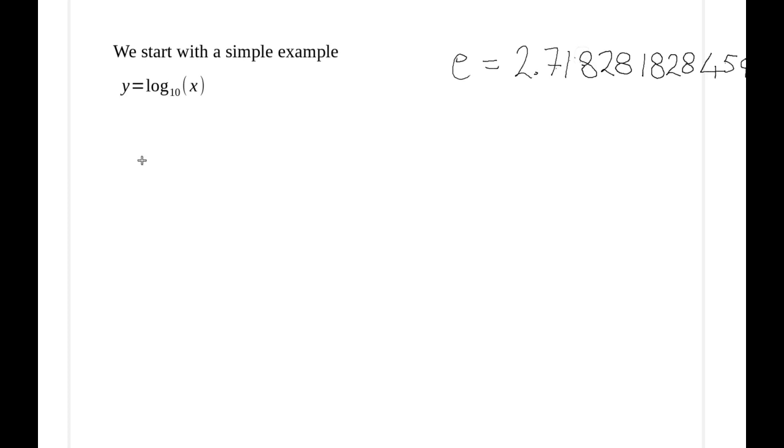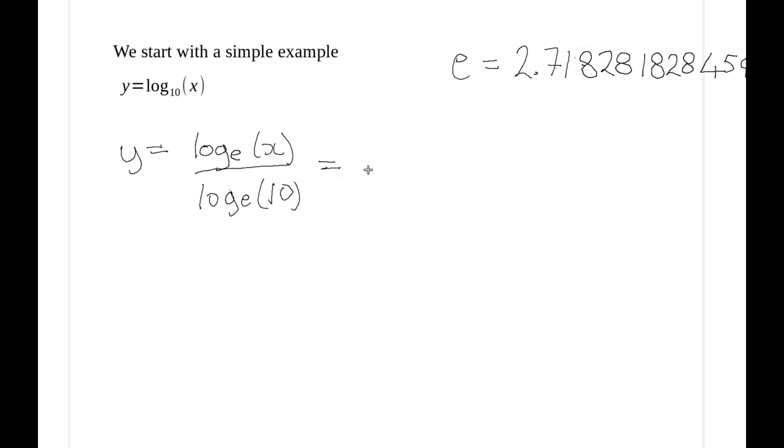So we can now say that y now equals, changing it to our new base, so I'll just, for clarity, write it like this, divided by, so the old base was 10, so we put 10 in there.